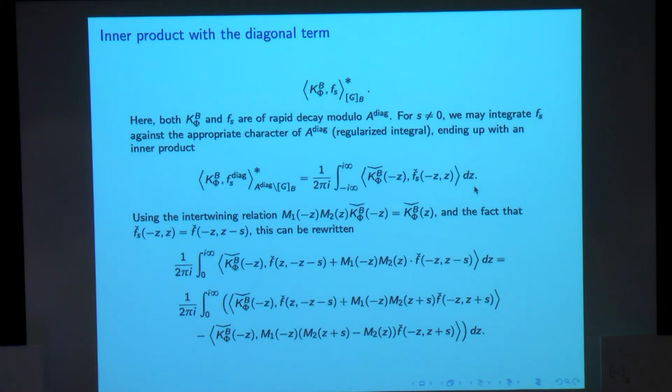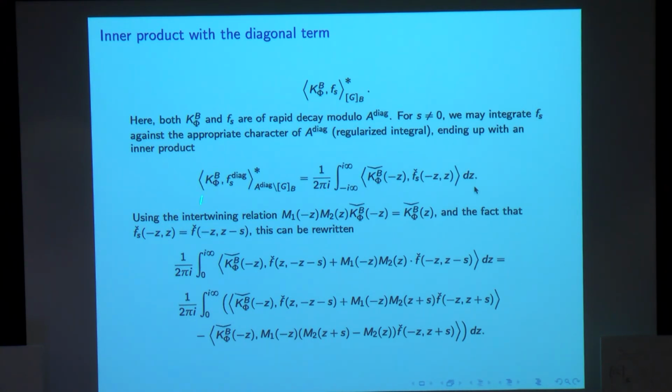And then we have to take its inner product with our asymptotically finite function. Both are in the same direction. And when we take s equal to 0, that's exactly when the regularized inner product does not make sense anymore. So we do need to deform our s. But when we deform our s, then the regularized inner product makes sense.